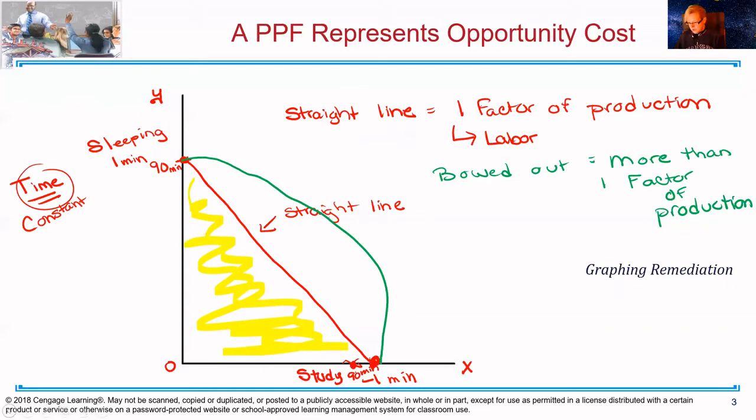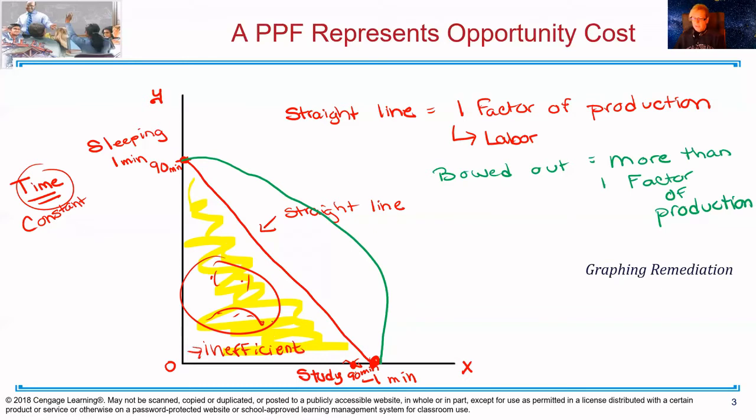Okay. So if I'm producing at a point inside the production possibilities frontier, and that might be a point here, here, here, this is bad. And the reason it's bad is because it is inefficient. This means that maybe you have labor standing around doing nothing, and that's inefficient.